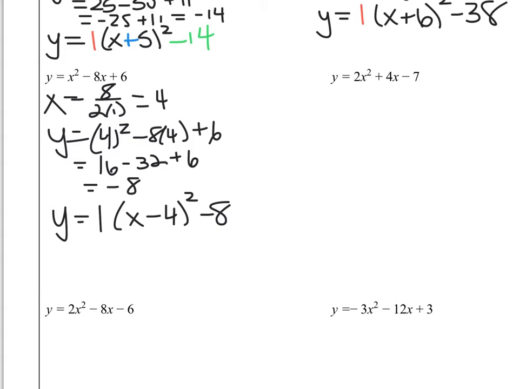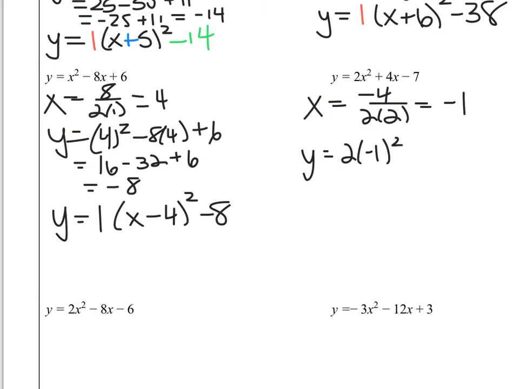Let's look at when I have a few more interesting things going on. X equals opposite b over 2a. So negative 4 over 4 would be negative 1. Let's plug that in. 2 times negative 1 squared plus 4 times negative 1 minus 7.